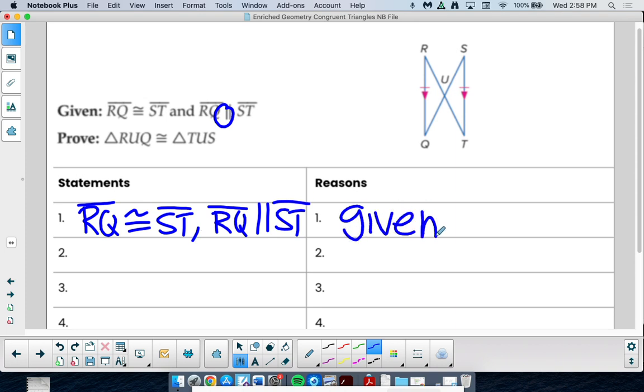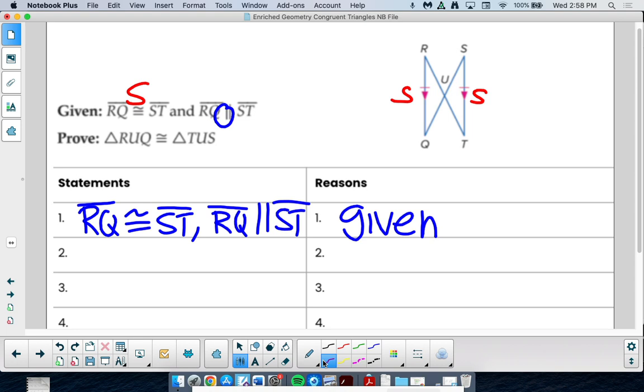So the side congruence is awesome. That's giving us our S, our side marking. Now we basically need to find our two angles essentially, right? So what do parallel lines give us? If you think back to like the beginning of November, parallel lines will give us some kind of congruent angles. Hopefully you're thinking like alternate interior angles.